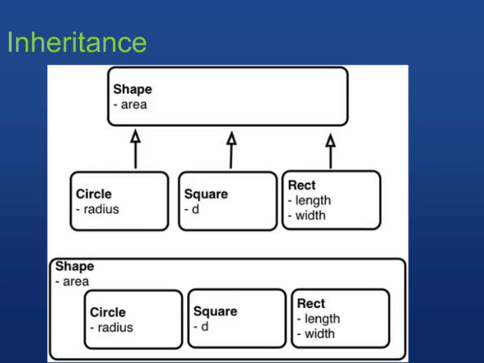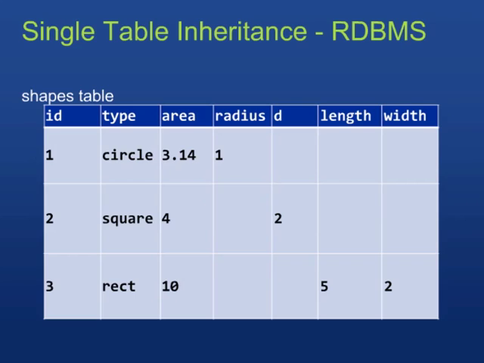Right? So in an object-oriented language, if I'm modeling this in Java or Ruby, I might use a simple inheritance tree, have a shape class, and then extend that with various subclasses to model the various attributes. But as we all know, when you try to map this to a relational database, it gets complicated. You probably end up with something like this. So single table inheritance is commonly how you solve this in an RDBMS.